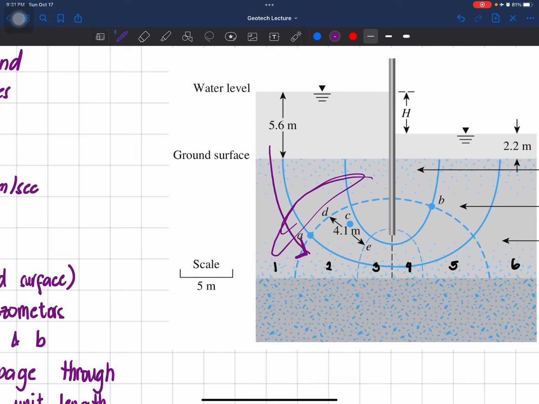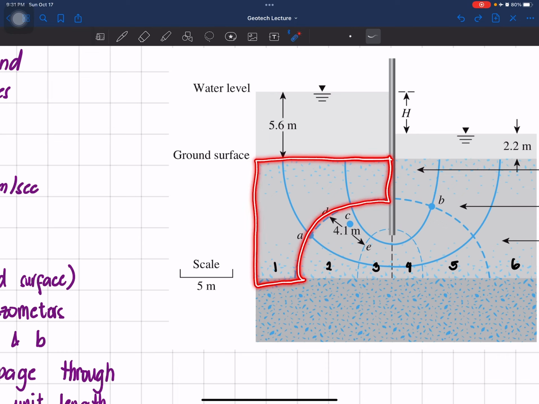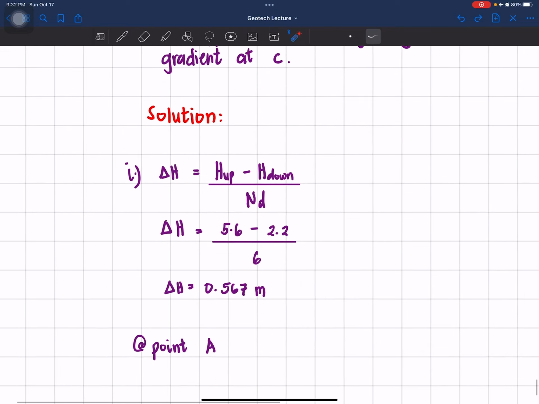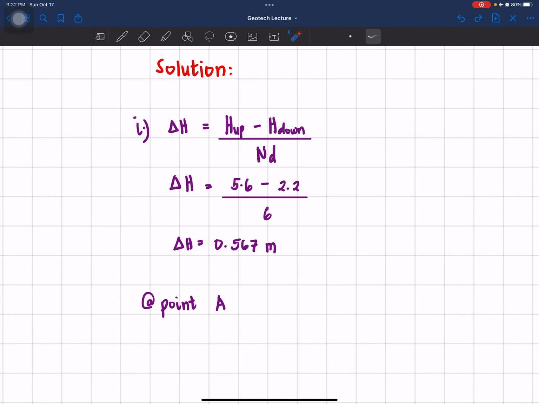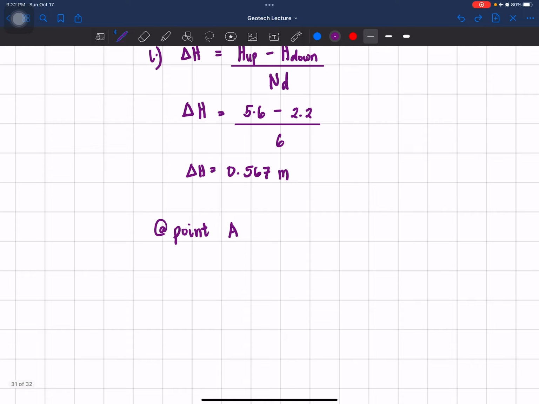This is your first equipotential drop. So, going back, at point A, that would be the H upstream minus delta H times the number of equipotential drops passing, or ND passing.